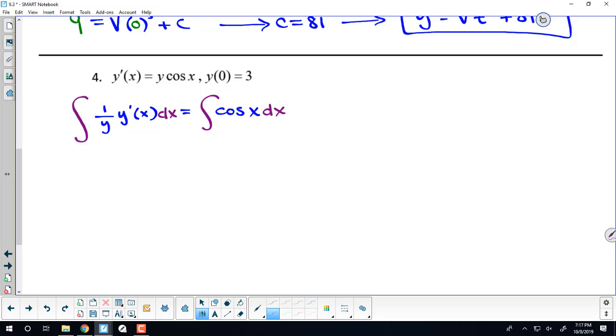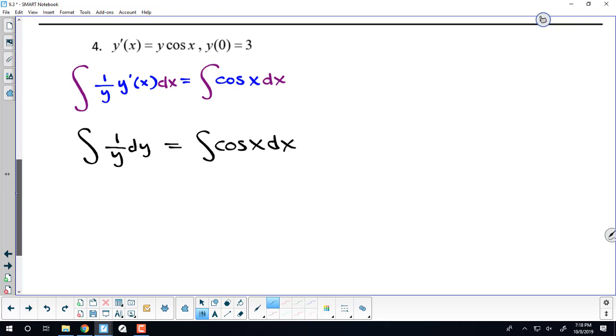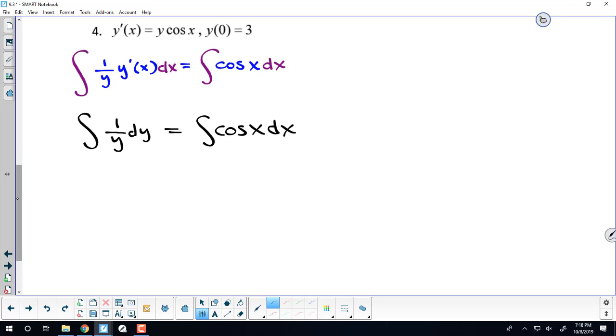So make sure you're separating before you integrate. And so we end up with the integral of 1 over y dy is the integral of cosine x dx. So we have the ln absolute value of y is the sine of x plus c.